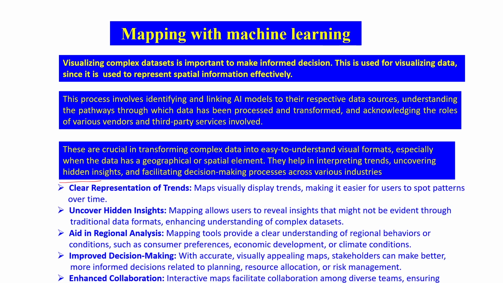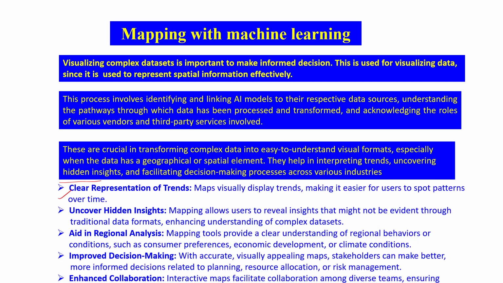What mapping does is basically transform the complex data into something presentable, whether it is a plot, a map, or a spatial element. First, it provides you clear representation of trends. Maps usually display trends, making it easier for us to understand. Maps also allow you to uncover hidden insights, something you may not be able to see from the data.